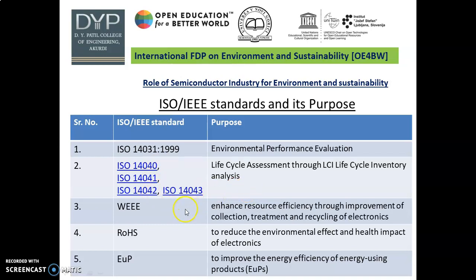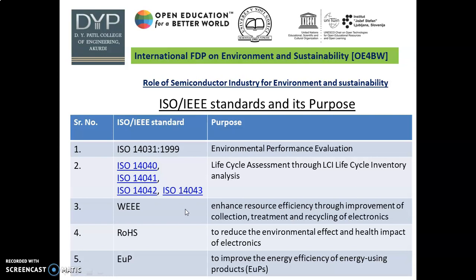Also, the waste of electrical and electronic equipment agency, WEEE. Everyone knows that various electronic equipment like computers, TV sets, fridges and cell phones is one of the fastest growing waste streams in the electronic area.